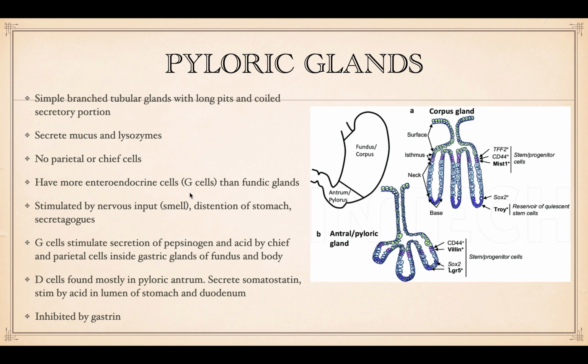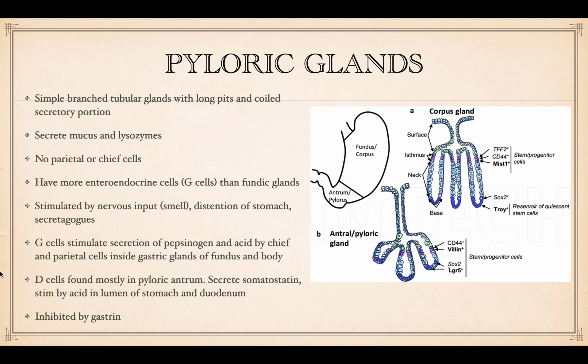They have more G cells than the fundic glands, and they are stimulated by smell, like the smells of food, the distension in the stomach, and secretagogues. And those are just molecules that stimulate the enteroendocrine cells. The G cells will stimulate the secretion of pepsinogen and acid by the chief cells and the parietal cells. And then the D cells are going to secrete somatostatin.